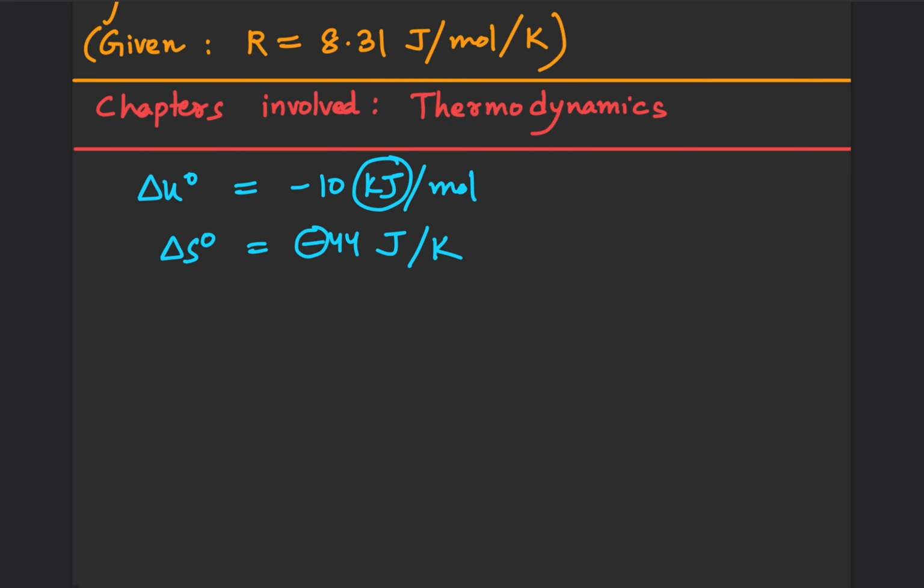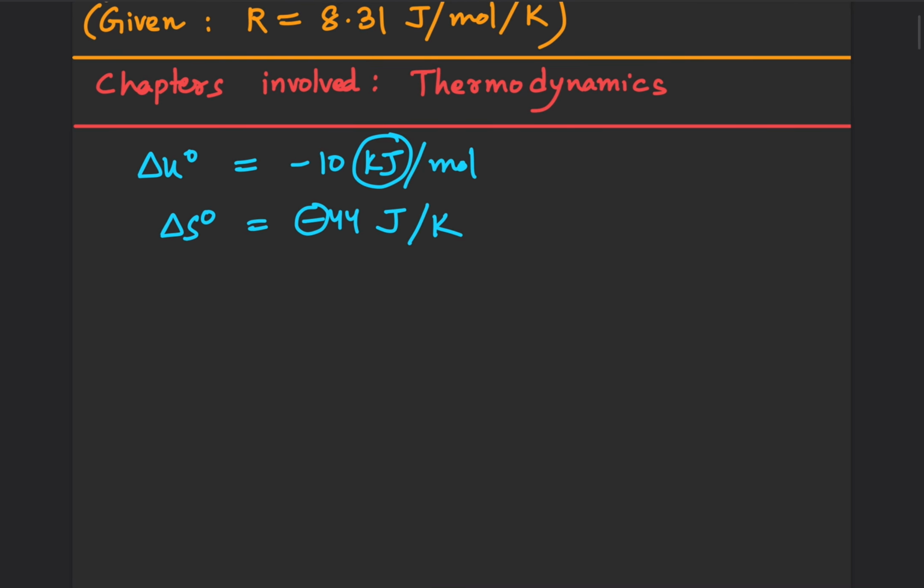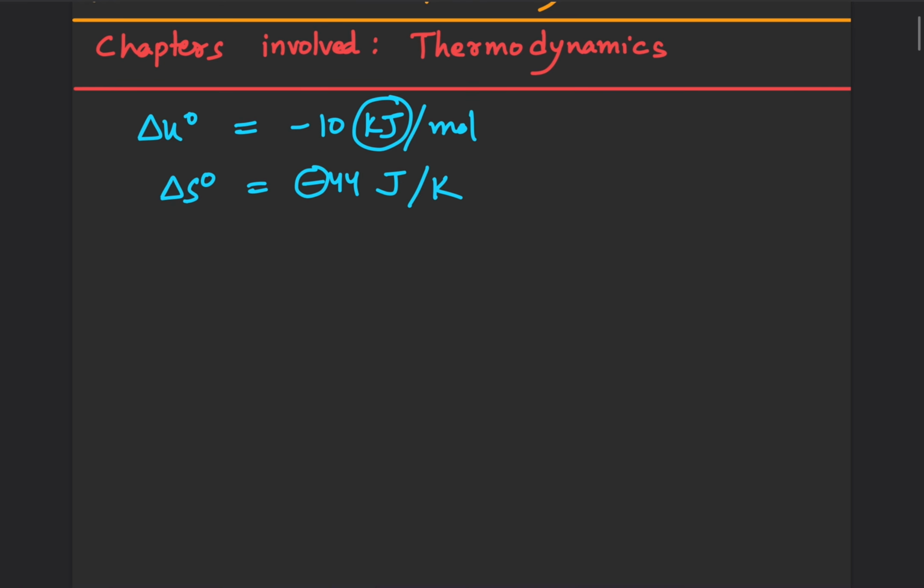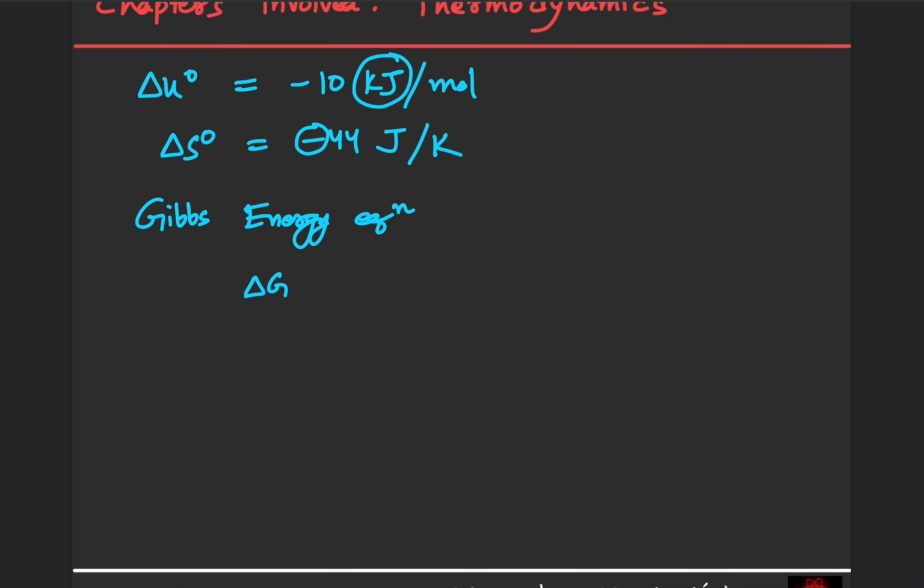So to calculate delta G naught, we can use the Gibbs-Helmholtz equation, which is simply known as the Gibbs energy equation, which is delta G naught is equal to delta H naught minus T delta S naught, right?